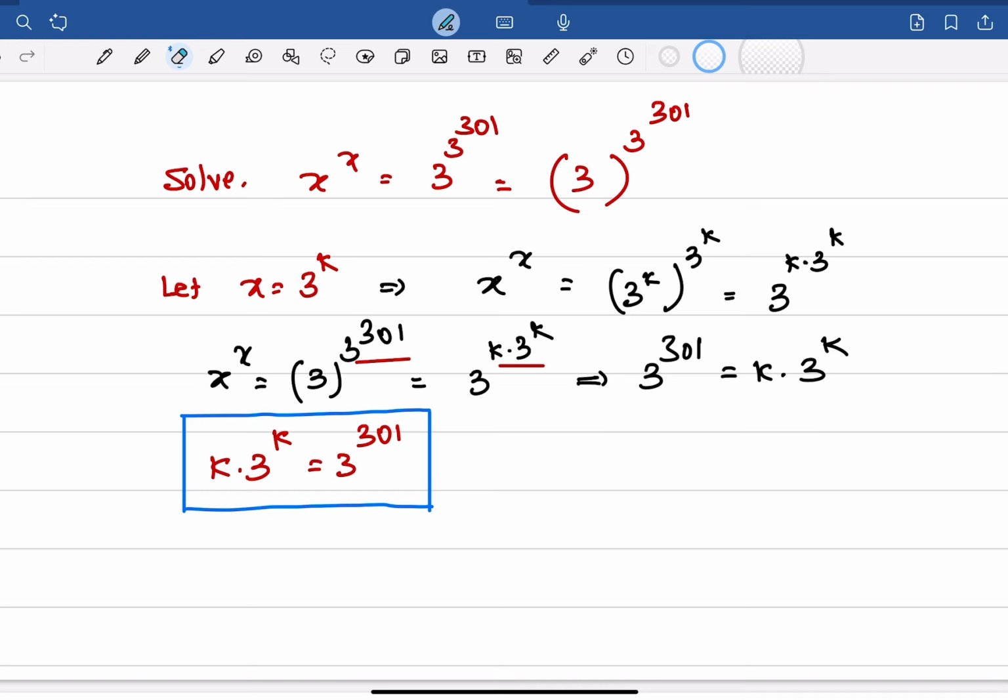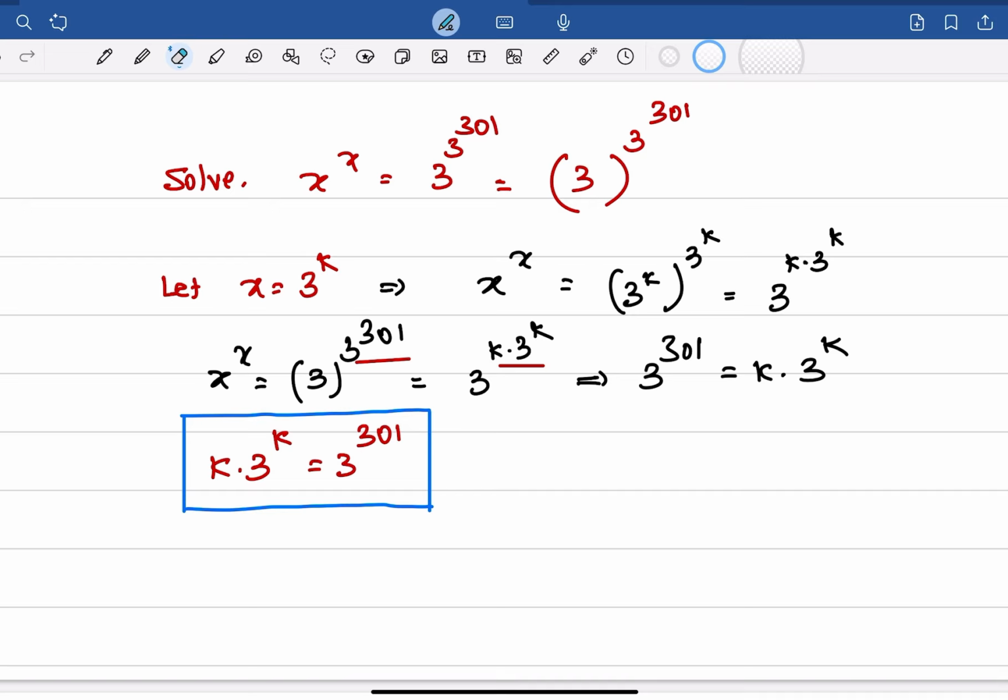Now, you should be able to know by this time, when you are appearing for the Maths Olympiad and JEE examinations, that we can take logarithms on both sides with a base of anything.